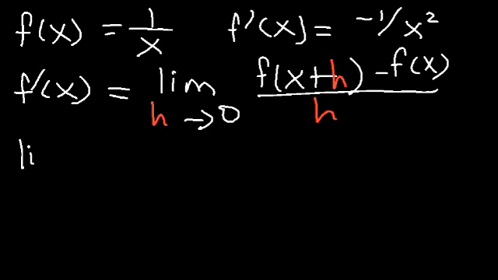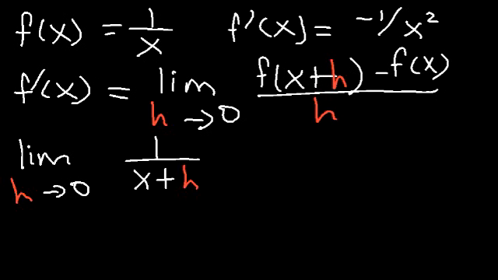So in this problem, f of x plus h is going to be 1 over x plus h. And this is going to be subtracted by f of x, which is 1 over x, divided by h. So here's the function that we now have.